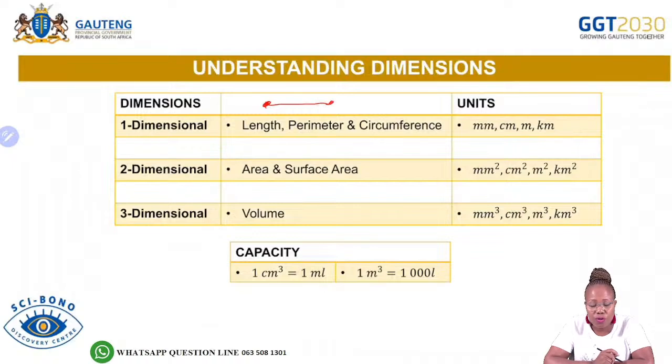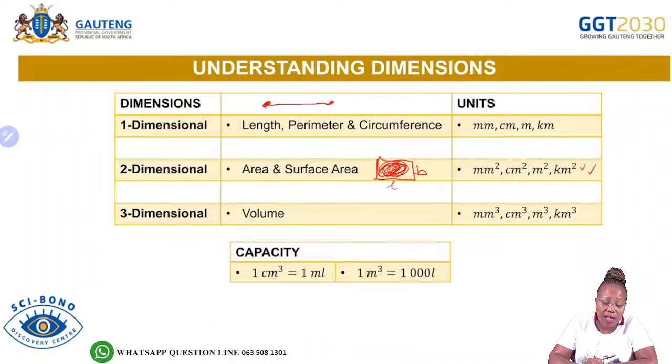And then when you talk about two-dimensional, it's when we are talking about the area or the surface area, where we have a shape, and we have length and breadth. Now we are referring to that inner part there. Therefore, this one is two-dimensional. As you can see from the units, it is calculated in square millimeters, square centimeters, square meters, or square kilometers.